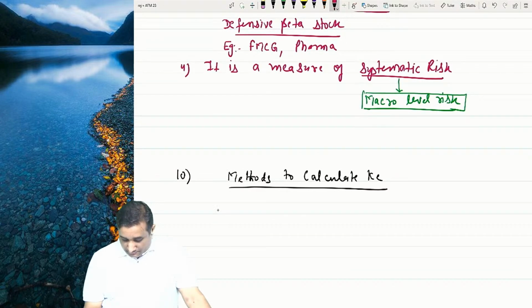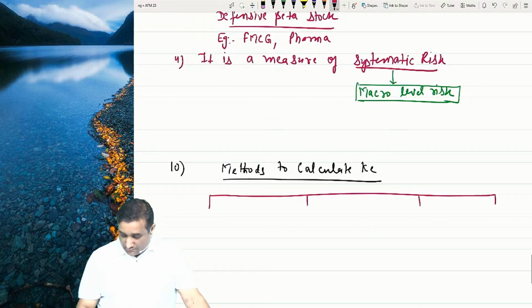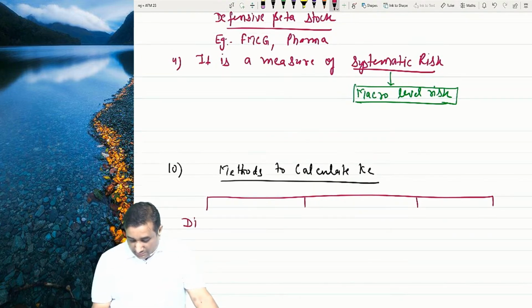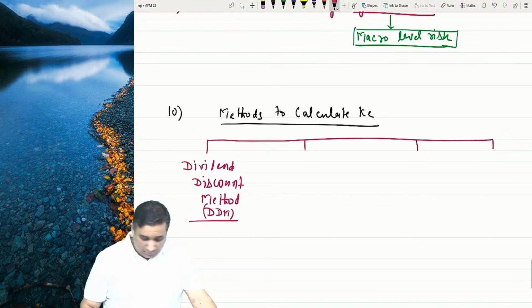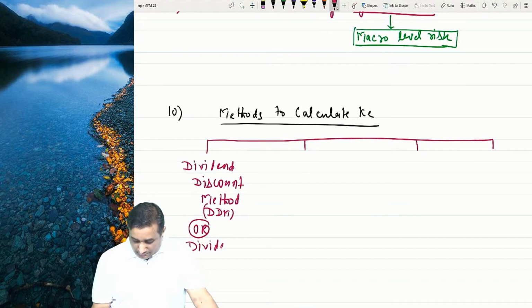So one of the methods was the dividend discount method. DDM, you used to call it the dividend growth method also. Although we'll cover this method in detail in one of the chapters. DDM or dividend growth.